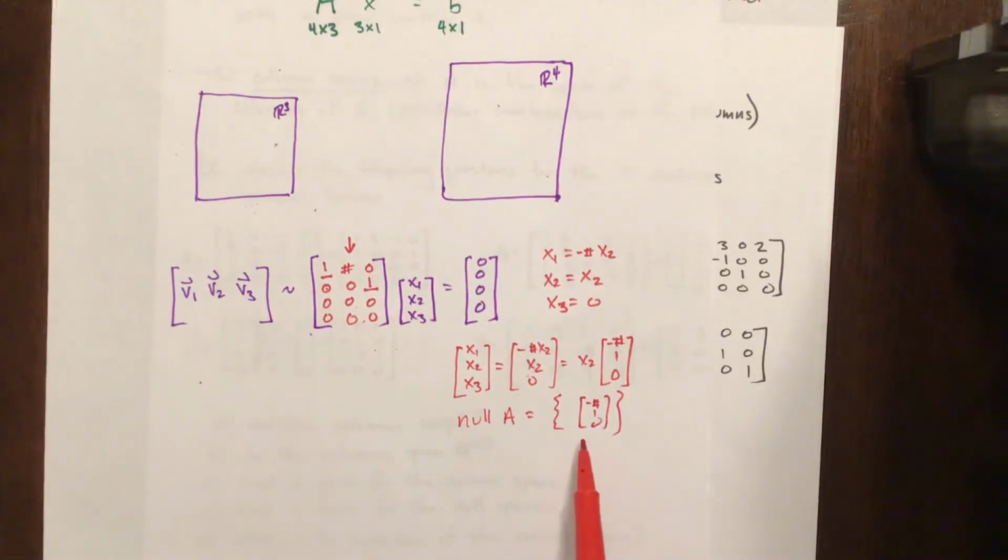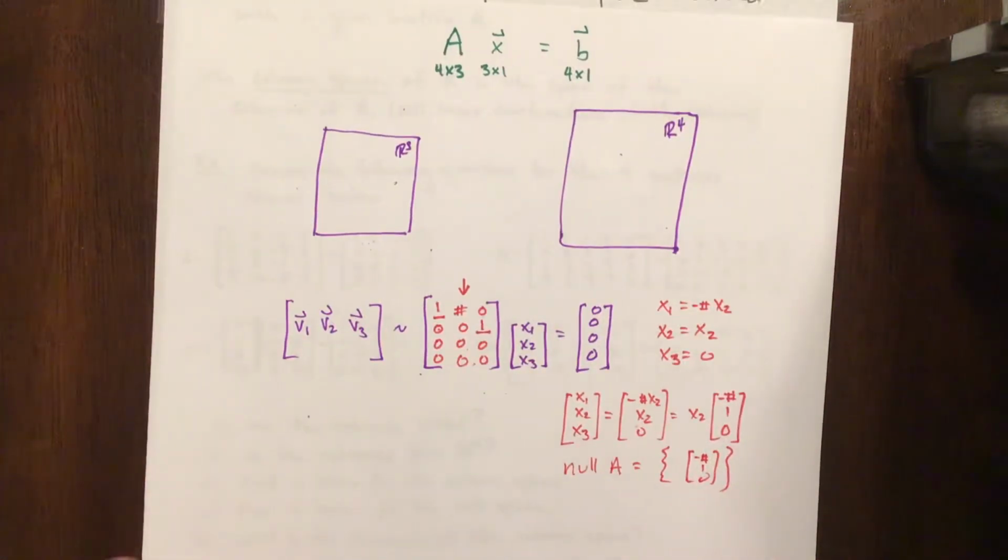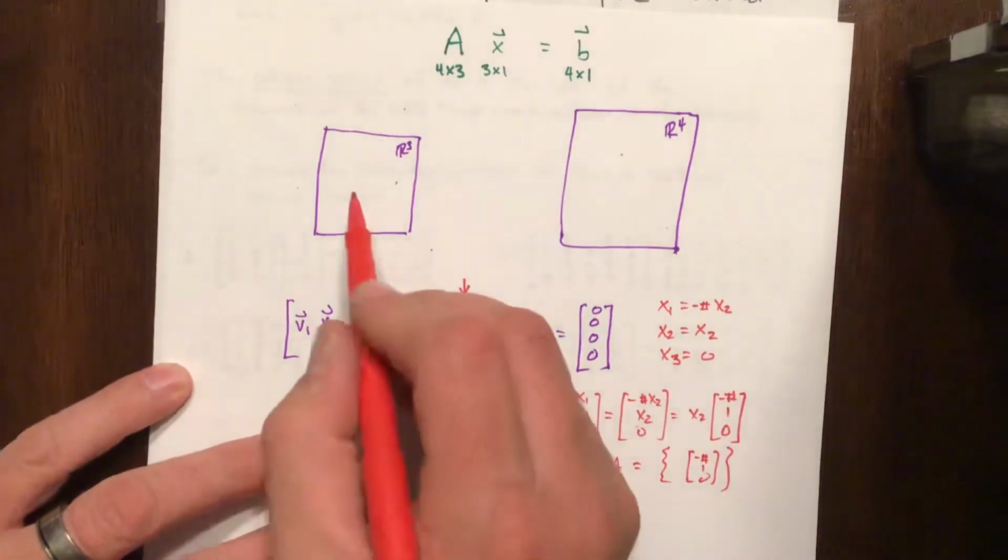This forms a basis for the null space of A. Because it's a spanning set, it's the only way that I can multiply the matrix A and get 0. Okay, and it's linearly independent. Any set with only one vector in it is automatically linearly independent.